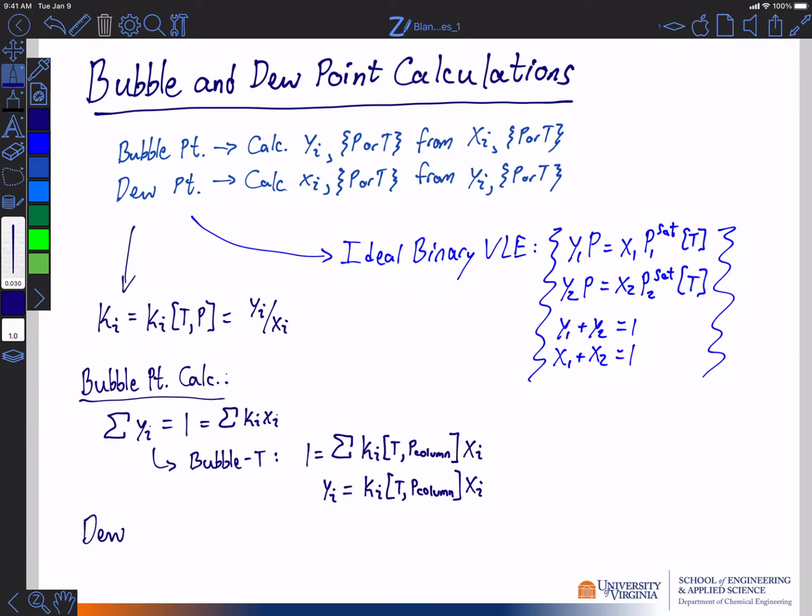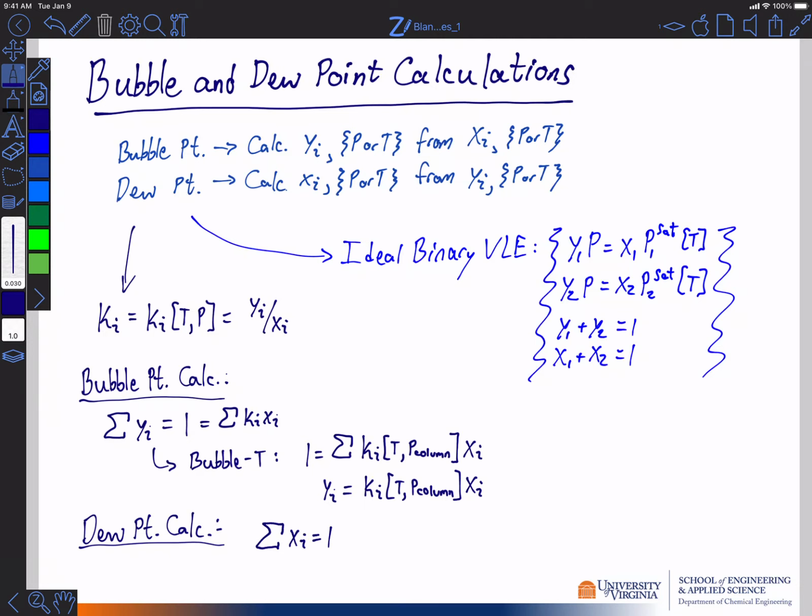The same approach is going to be the case with dew point calculations, right? So in this case, we're just going to do the opposite. In the dew point calculations, we don't know the X values, but we do know that those liquid phase compositions all need to sum to unity.